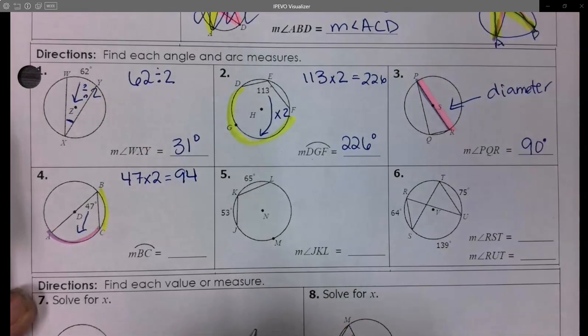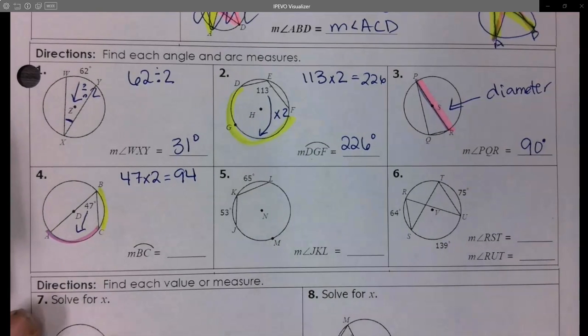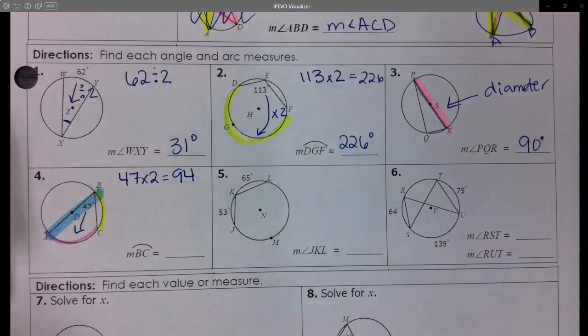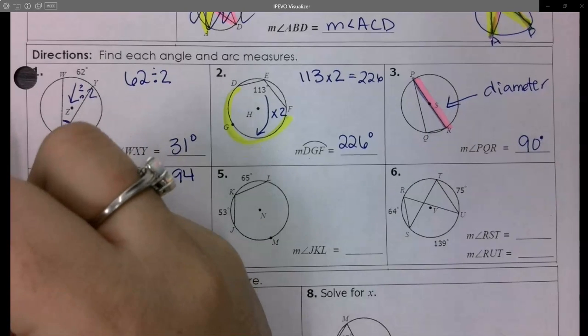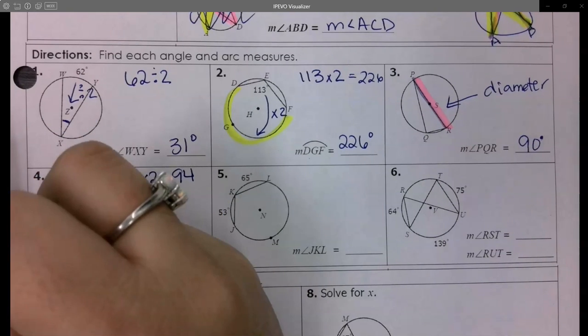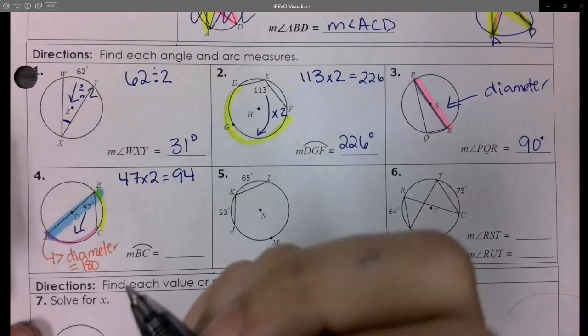Then to find the yellow part, I know that this line straight across makes it 180. So I'm going to take that 180 and subtract the 94 to figure out BC.